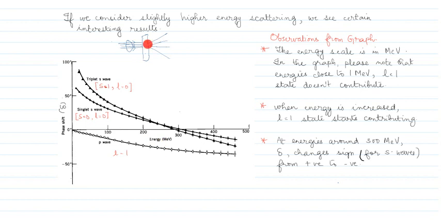Now, of the scattered neutrons, there will be L equal to 0 neutrons, L equal to 1 neutrons, etc. And that is what we have plotted here. For L equal to 0 neutrons, we have two curves, and for L equal to 1 neutrons, we have a curve. On the y-axis, we are plotting the phase shift for the detected neutrons.